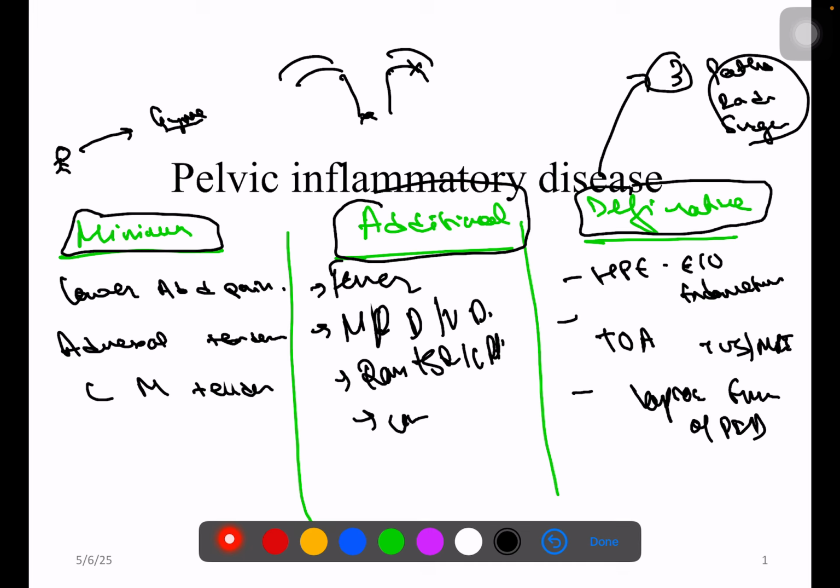And there is lab documentation of infection with gonorrhea or chlamydia, and you find this by liquid based cytology. Can you remember this? Whenever we talked about cervical intraepithelial neoplasia, if you go for a pap smear, it's not just the pap smear that we are doing. We are also finding out some diseases, right?